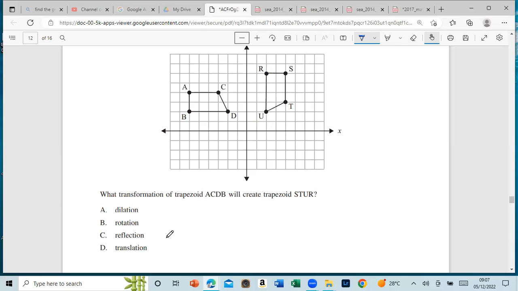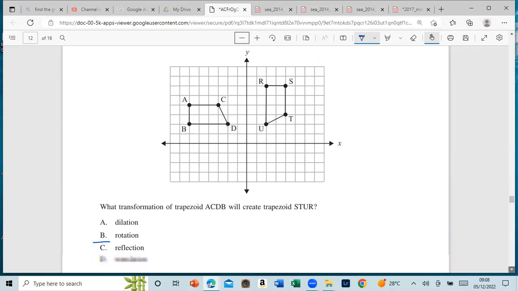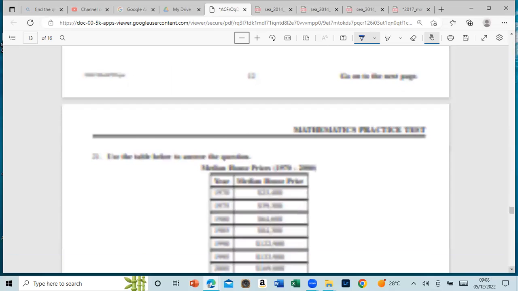Can it be dilation? Can it be reflection? So it can only be rotation. Right? Once it changes shape, it has to be rotation in this case.